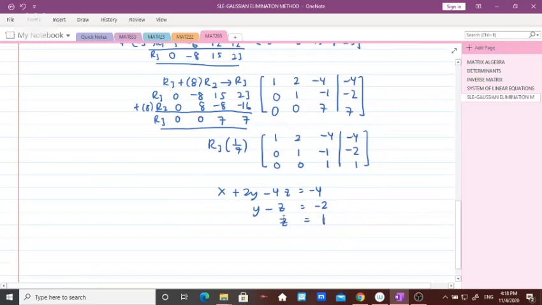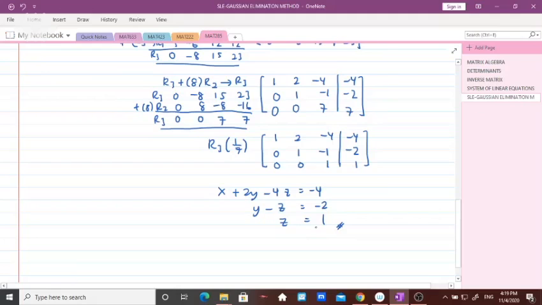Okay, after we change into the system, we can realize that we have a solution for the variable z. Okay, z is 1. And to find the solution for x and y, we can substitute into the next equation. So this is called the back substitution method.